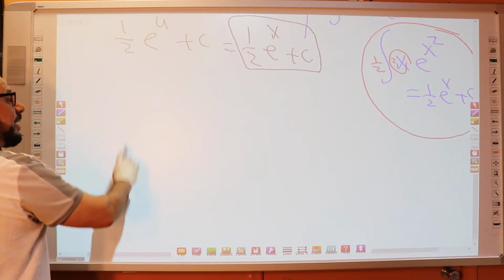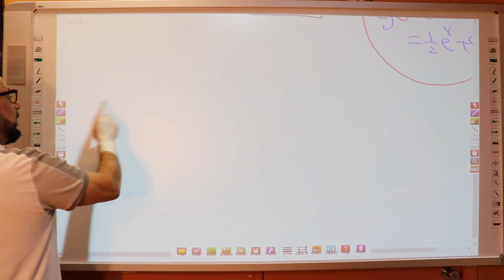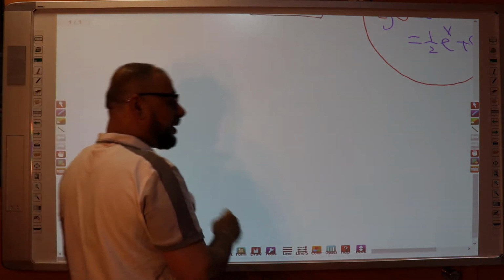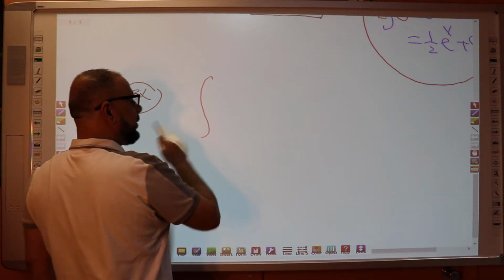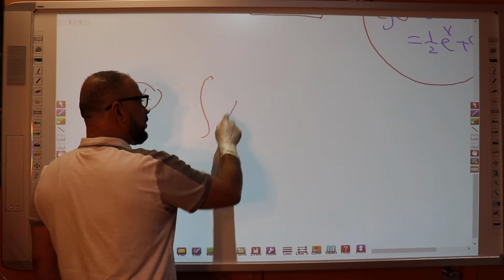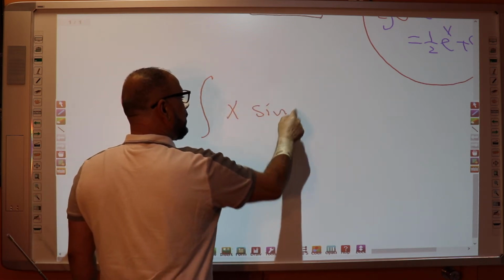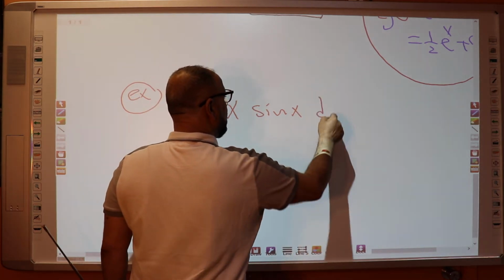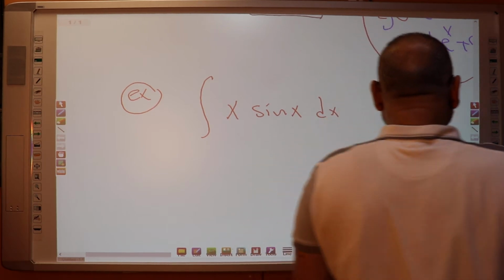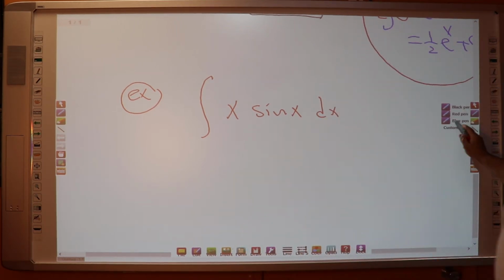Now I'm going to start with another example to explain integration by parts. Look here: the integral of x sine x dx. How many functions do I have? I have two functions.